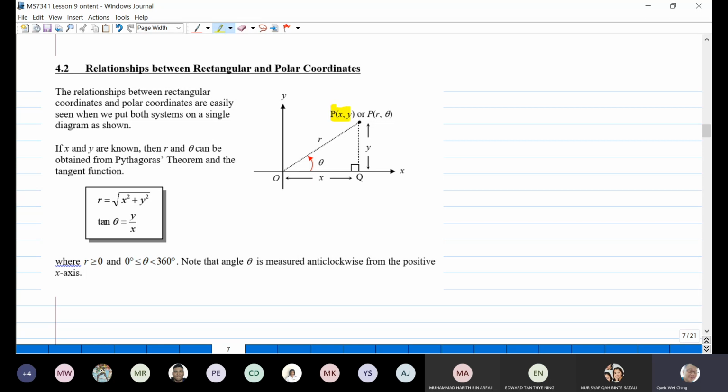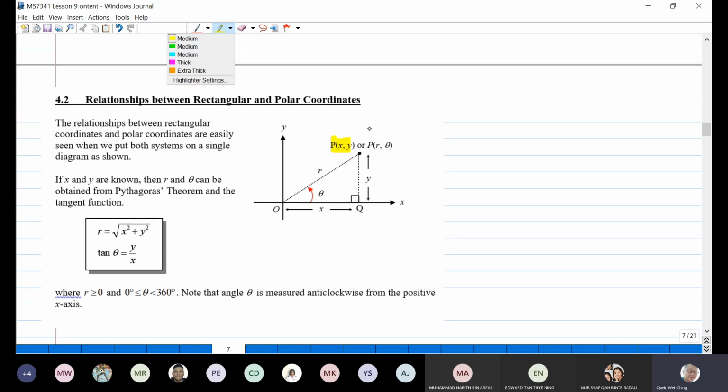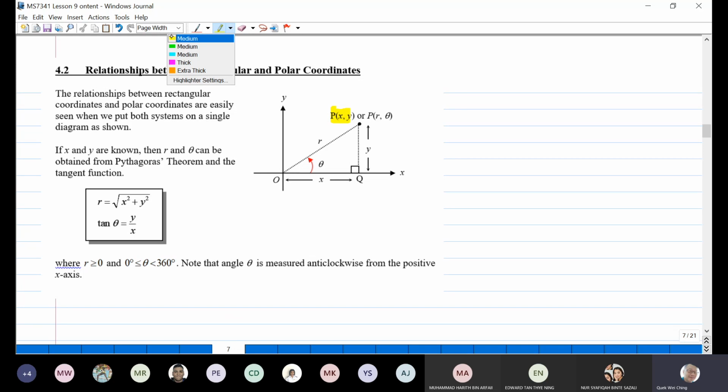Okay, x and y already. So locate the point x and y. So this is your y here. So this will give you the distance y. This y can be positive or negative. This distance x also can be positive or negative here. So from here you can find out what is r and theta.